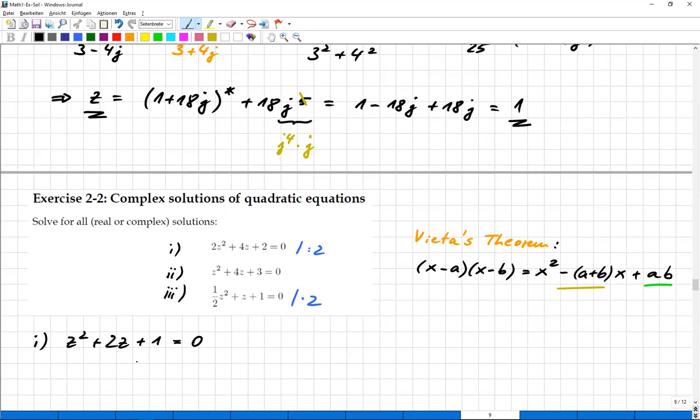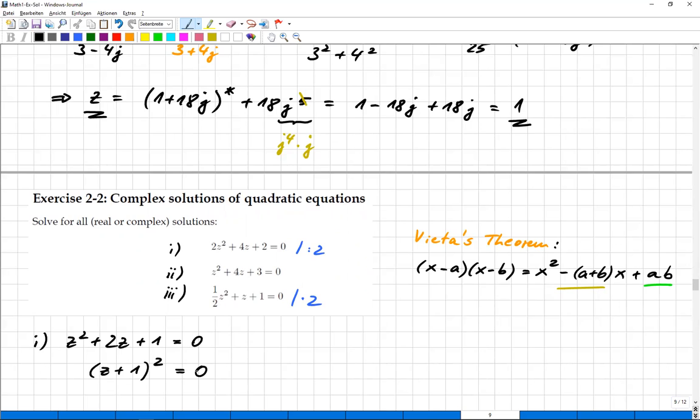So it's suddenly clear that this is an expression which must have resulted when we use the first binomial formula. So you can just put it in the form (z plus 1) squared equals 0.